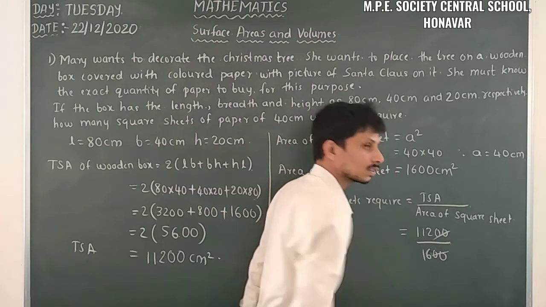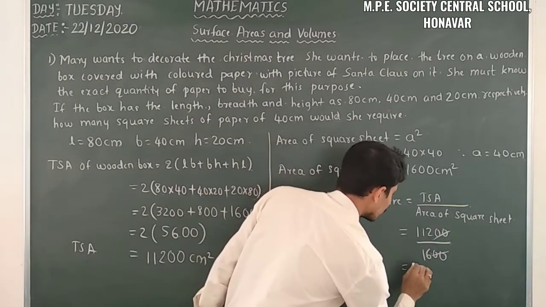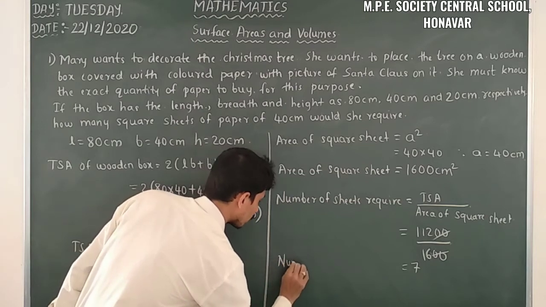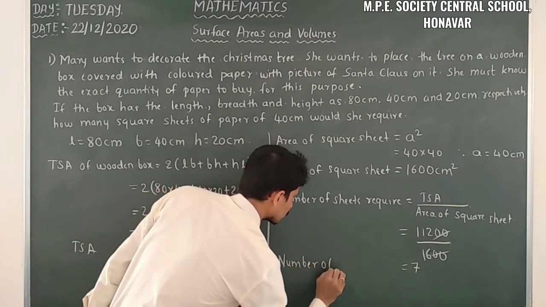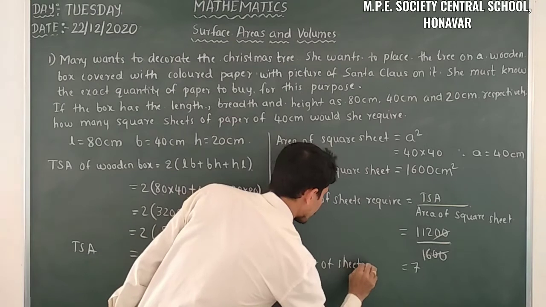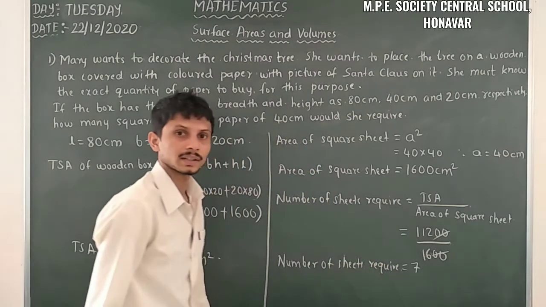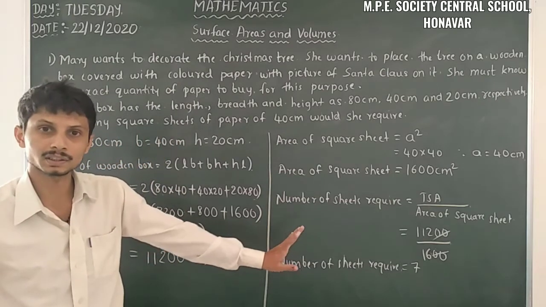These two zeros get cancelled. The answer will be 7. That is, number of sheets required is equal to 7. She requires 7 square sheets of paper.